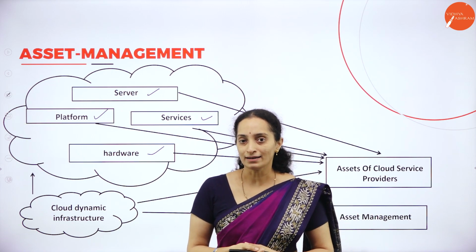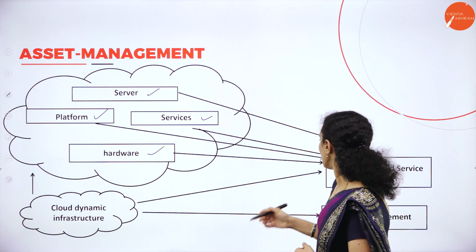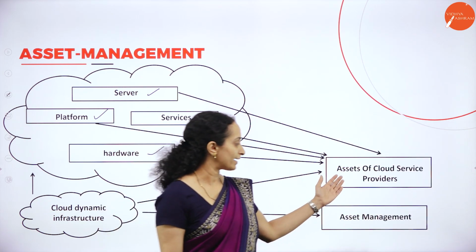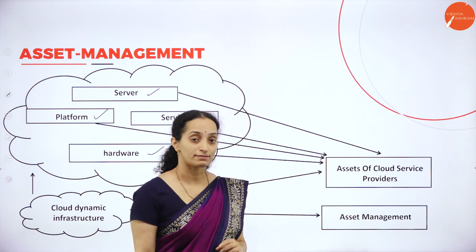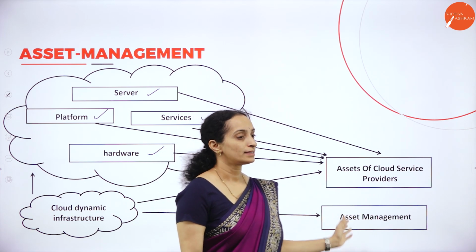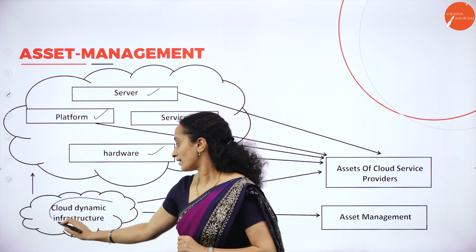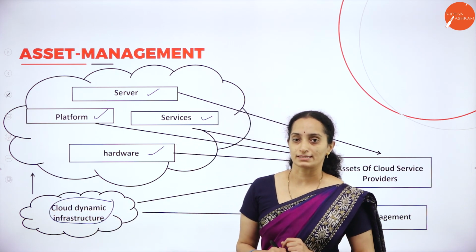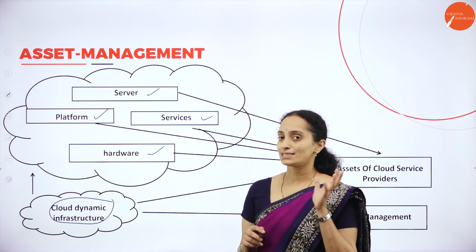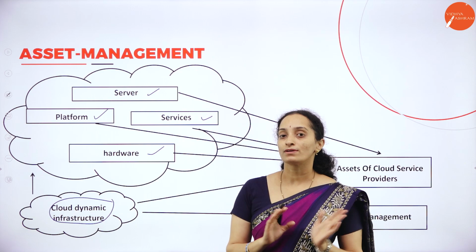All these are assets, or data, services. So this can be handled as the assets of the cloud service provider. These are the assets of the cloud service providers. This asset management must be done again by the cloud dynamic infrastructure. It has to change the management of assets according to the workload.